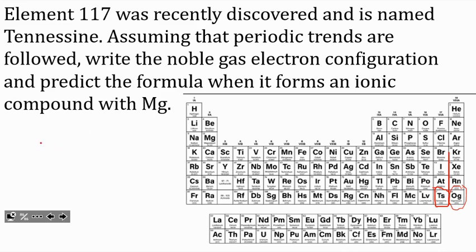If we're looking at noble gas configuration, that means I'm going back to my previous noble gas, so I'm going to have Rn here. After Rn comes francium. Remember this is 7, so that would be 7s2.